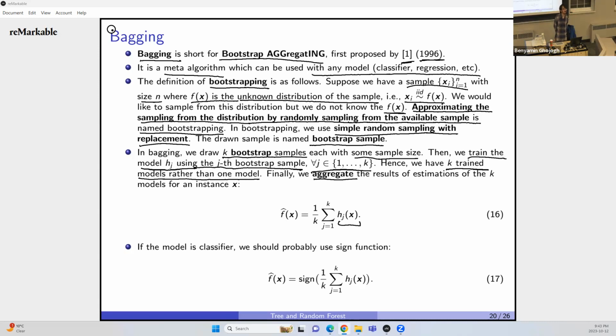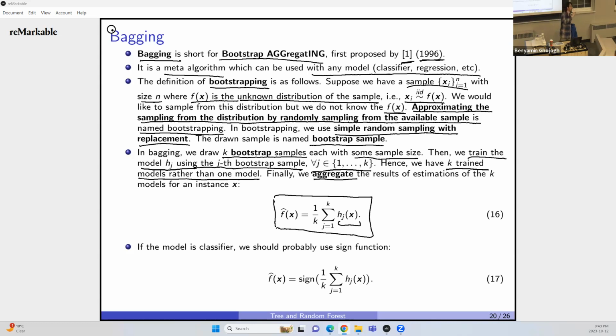What should I do? If it is regression, take the mean. If it is classification, take the majority vote, or take the mean and then use the sign of the mean prediction.